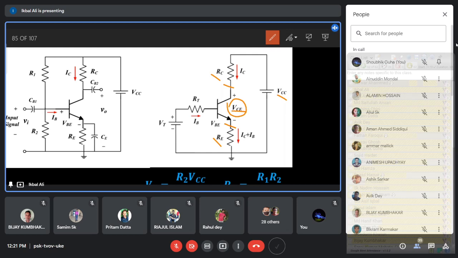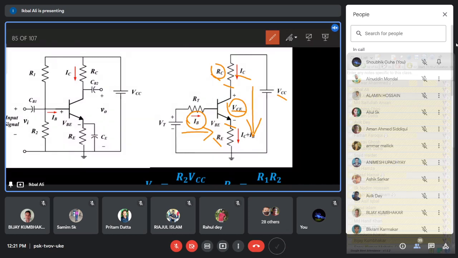The collector current flows through the transistor in this way. That current also flows through the RC resistance, and that is IC, the collector current, shown as the red arrow. Whatever current flows through the RC resistance is also the collector current flowing through the transistor. From the base side, the IB current enters the base. Both currents come out of the emitter side.